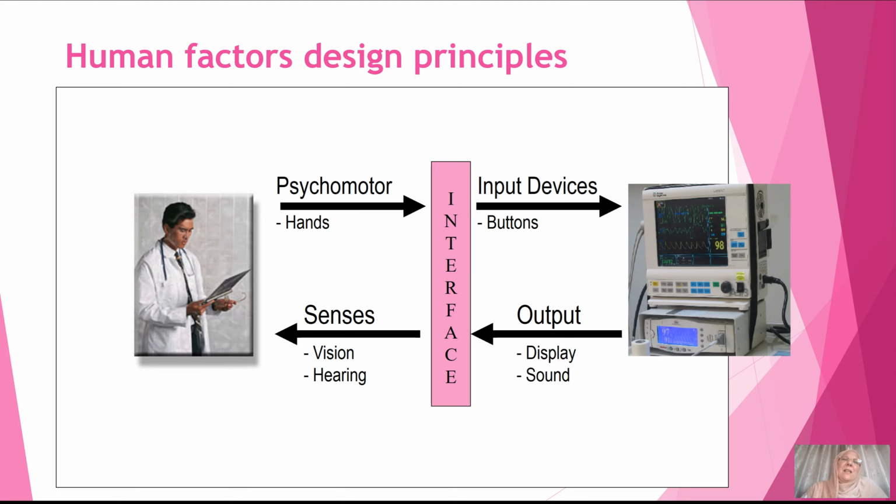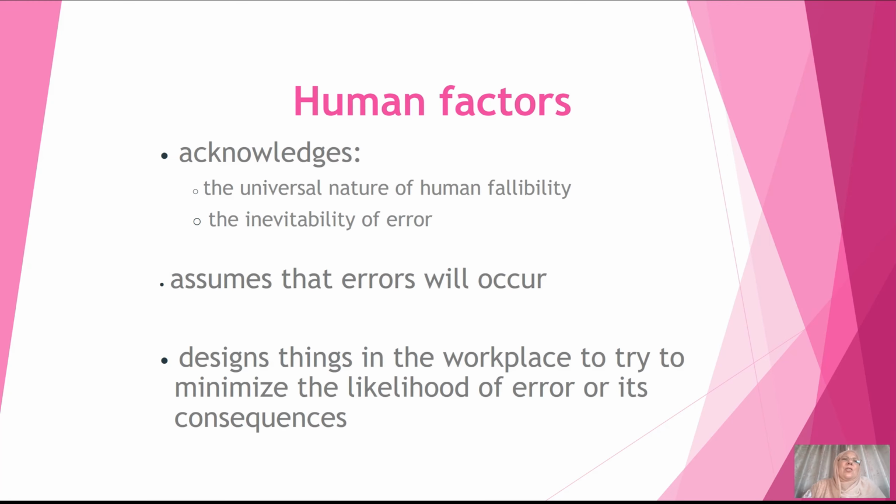This interface between human beings, so doctors, nurses, healthcare professionals, and machines, is important to make as easy as possible. The defibrillator example showed how it can be made easier to use.